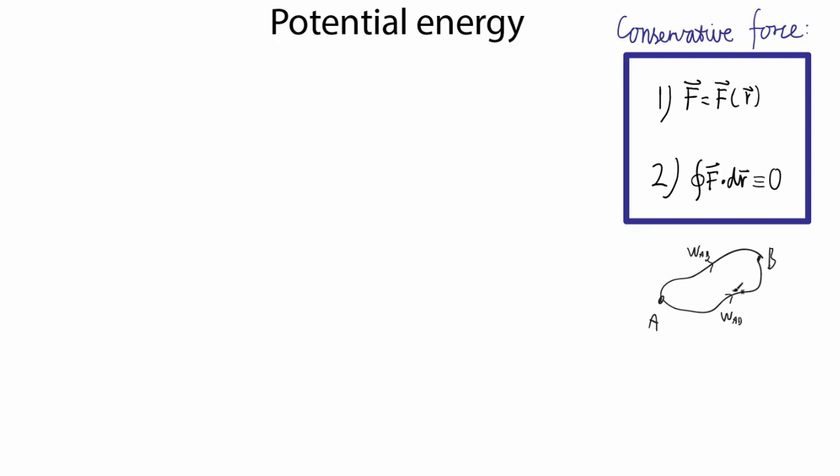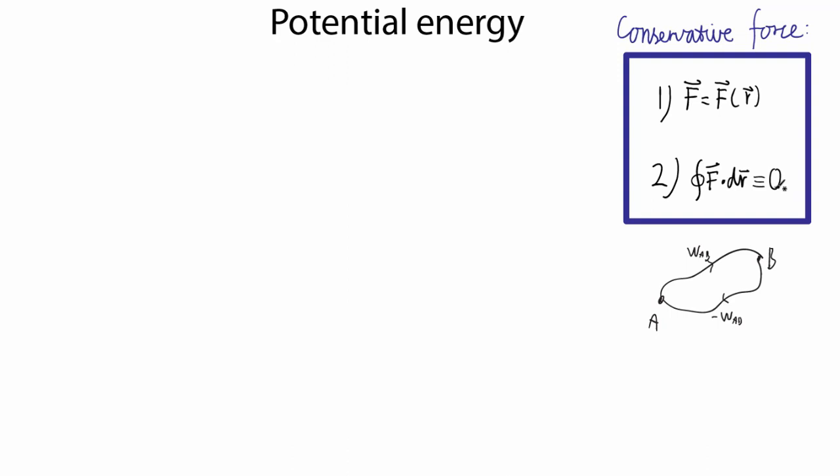However, if we reverse the direction along this path, then the work done is minus WAB, and the total work around this loop is 0. So if the total work around any loop is 0, that's equivalent to the condition that the work is path independent. This is a more compact way of writing the same thing.